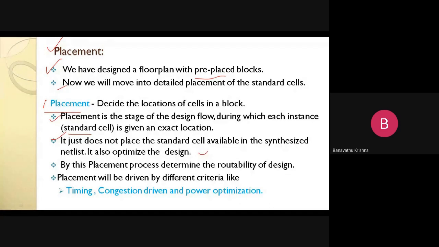Based on that planning, we place the standard cells in the floor plan at exact locations. Why in exact locations? Because we have already planned to place the modules in a particular floor area to reduce the area to a minimum. So it also optimizes the design, right?